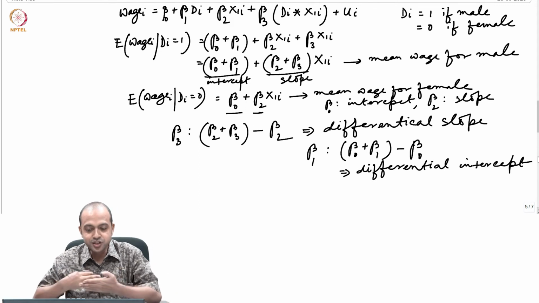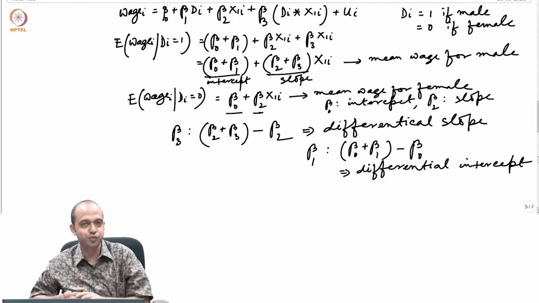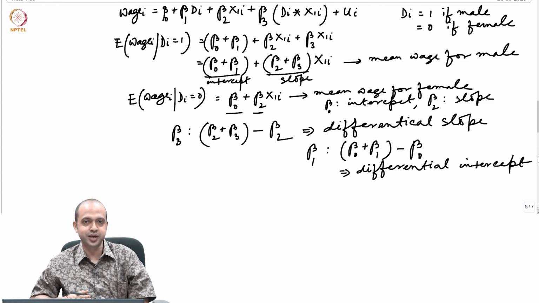So, the coefficient attached to the interaction between the qualitative and quantitative variable indicates the differential slope.